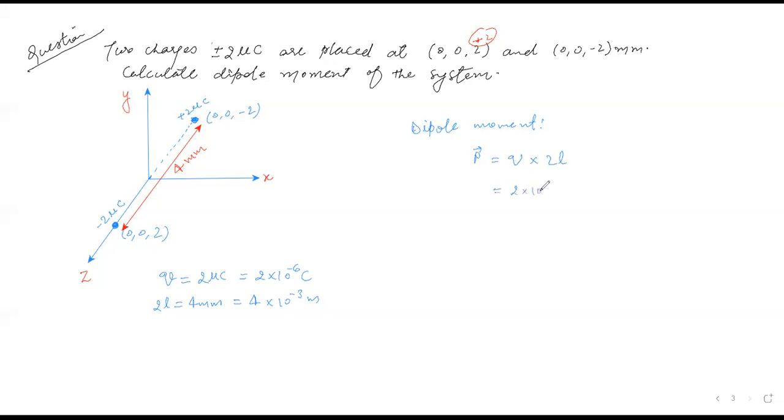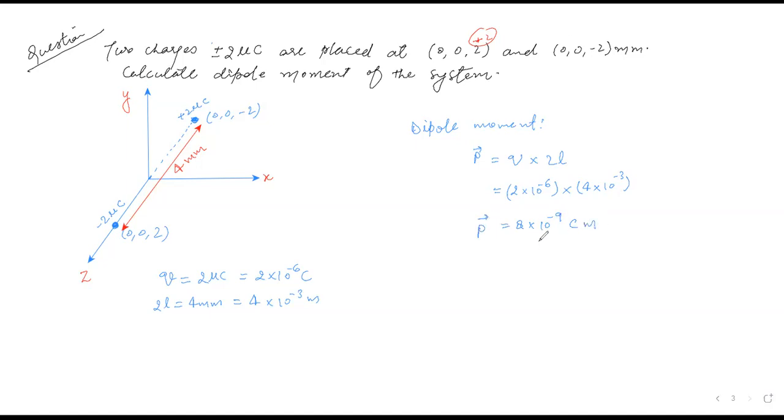It is 2 into 10 raised to the power minus 6 into the value of 2L, which is 4 into 10 raised to the power minus 3. Okay. After calculating 4 into 2, you got 8 into 10 raised to the power minus 6 and 10 raised to the power minus 3 will be 10 raised to the power minus 9 coulomb meter.